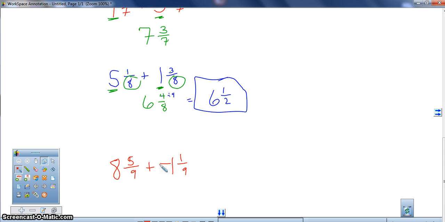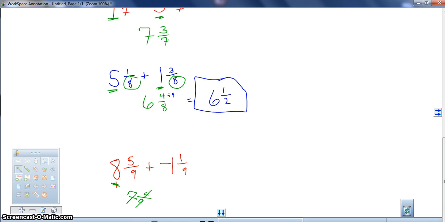So it's the same as subtracting. 8 minus 1 is 7, and then 5 minus 1 is 4 over 9.